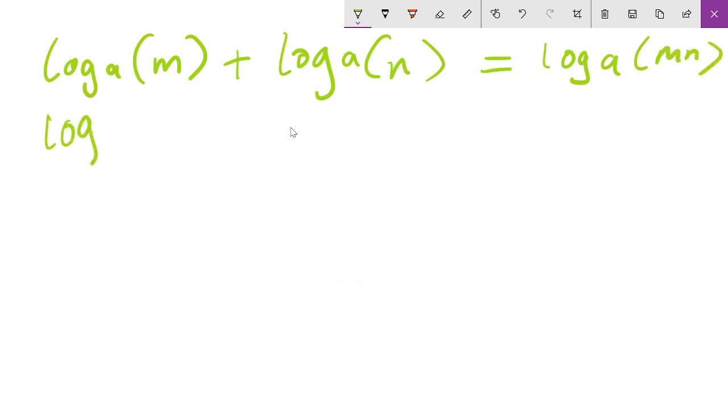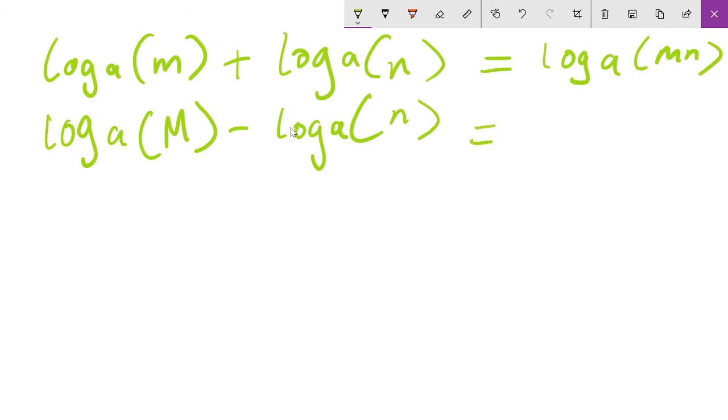Another one is log to the base a of m minus log to the base a of n is equal to log base a of m over n.